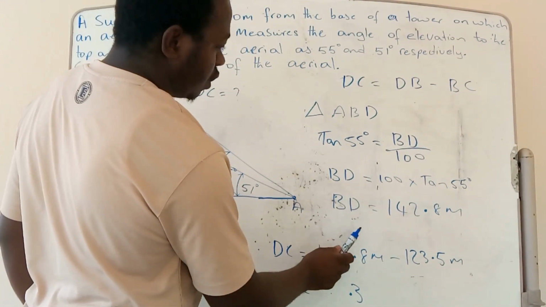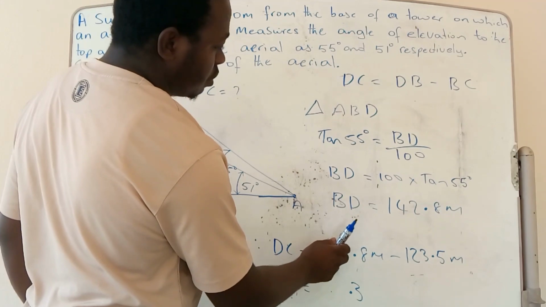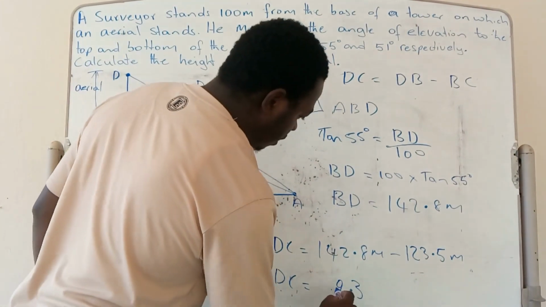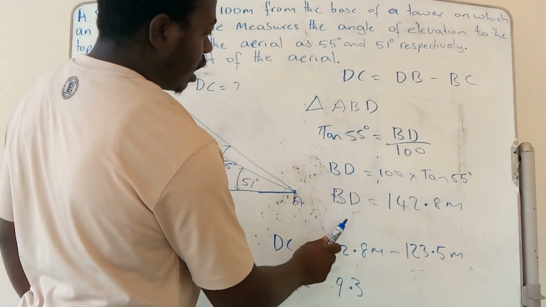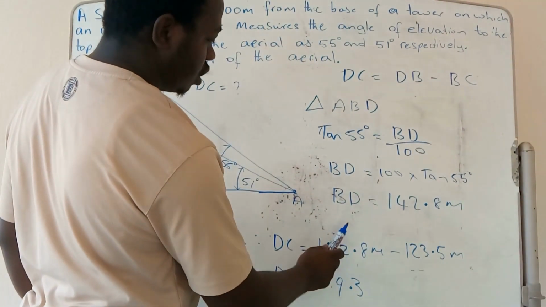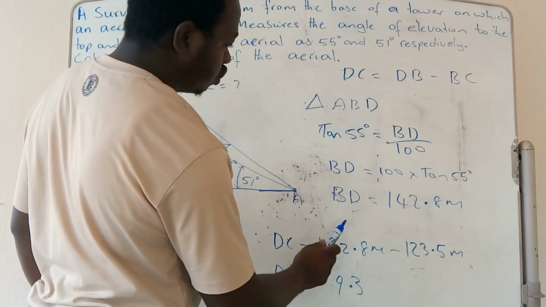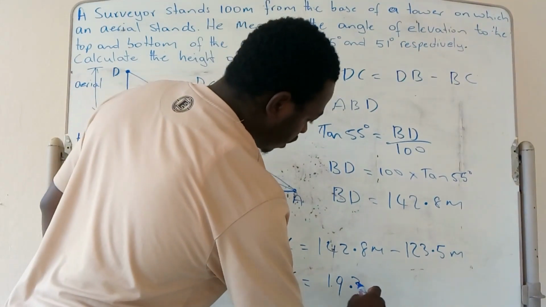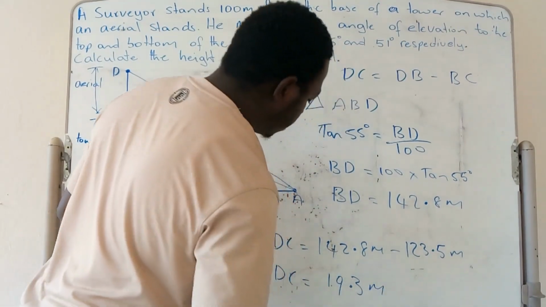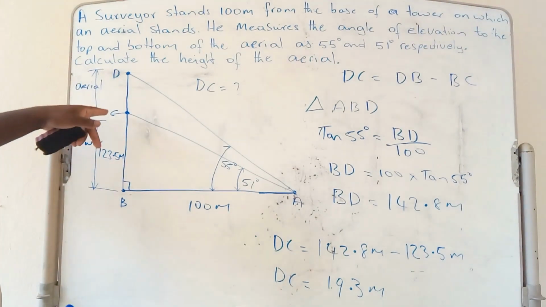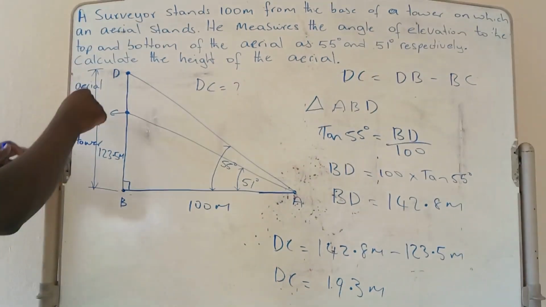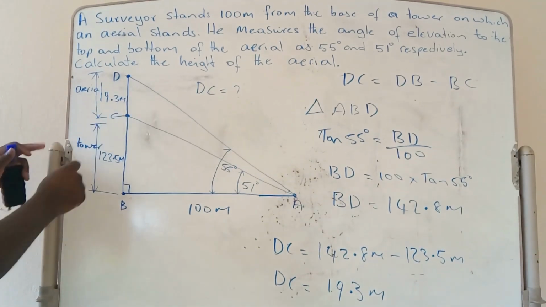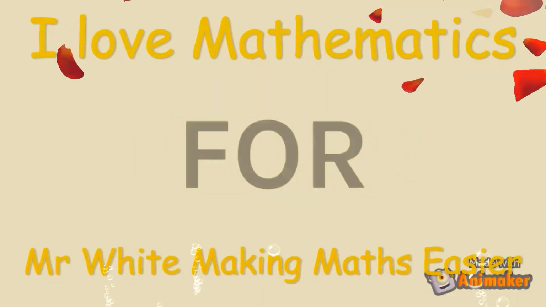So here, if you take 1 from this 4, this becomes 12. So 12 minus 3, that's just 9, right? And 3, then you'd have 3 left. So 3 minus 2, that's just 1. And 1 minus 1, that's just 0. So this is 19.3 meters. So therefore, the height of the aerial, which is this part, is 19.3 meters. Alright?